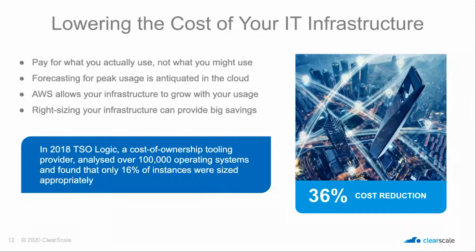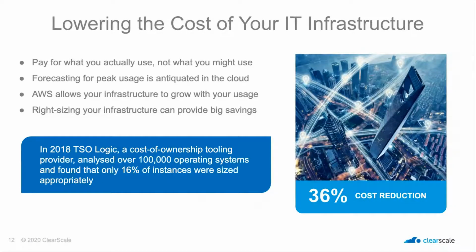Doing this, you need to right-size your machines. So you should be using well above 50% of your machine's resources at any given time. If you're using less than that, you're essentially wasting money and energy. So for example, in 2018, TSO Logic, which is a cost of ownership tool, analyzed over 100,000 operating systems.